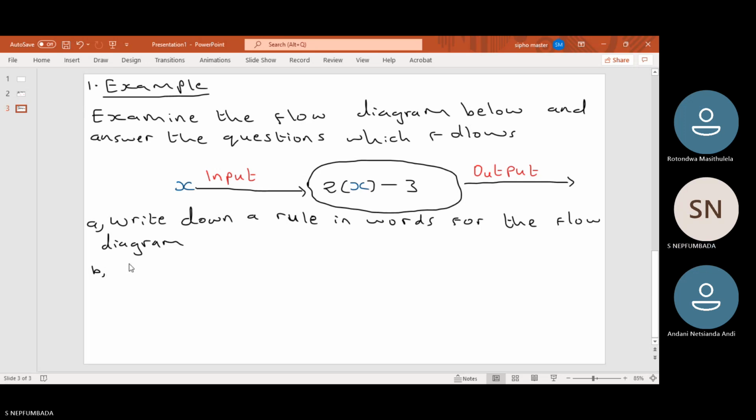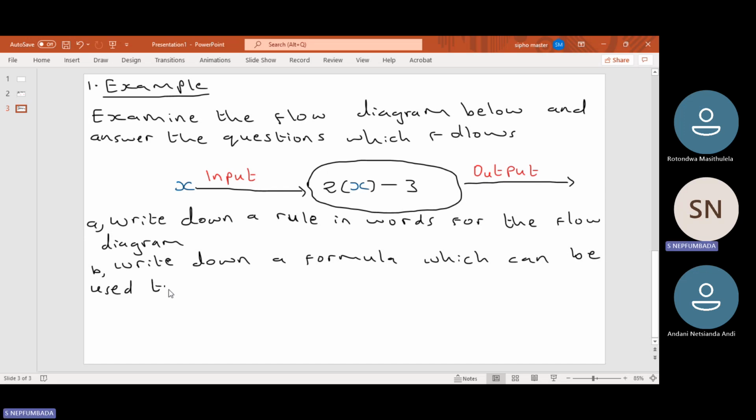Number B, they say write down a formula which can be used to represent the flow diagram.